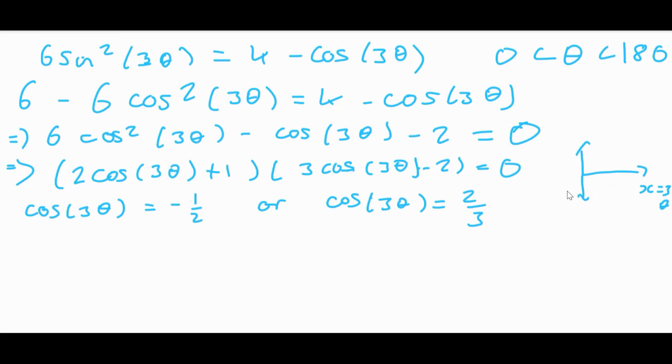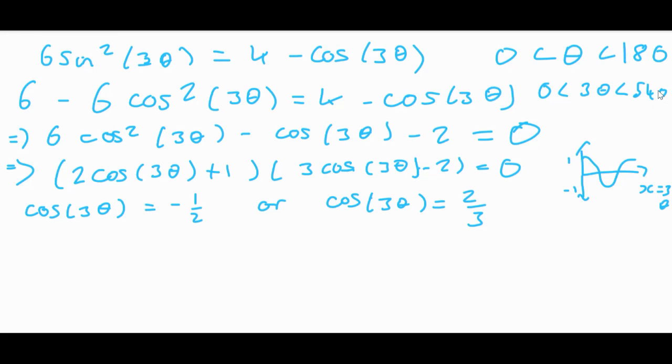We want minus 1 to 1, and the cos graph looks like this, in the range from 0 to 360. But because we're looking for theta between 0 and 180, 3 theta is between 0 and 540. If you multiply an inequality by a constant, it remains true.